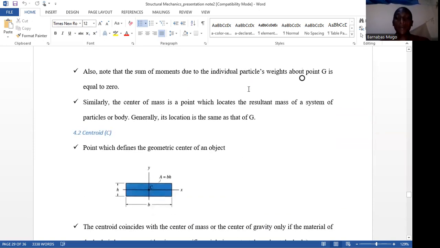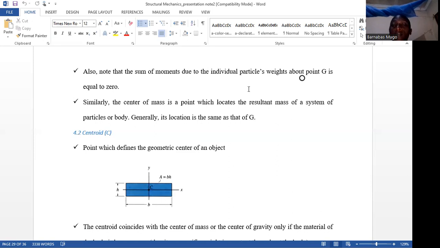Similarly, the center of mass in this case is also a point, but this point locates the resultant mass of a system, of a body, or a particle.